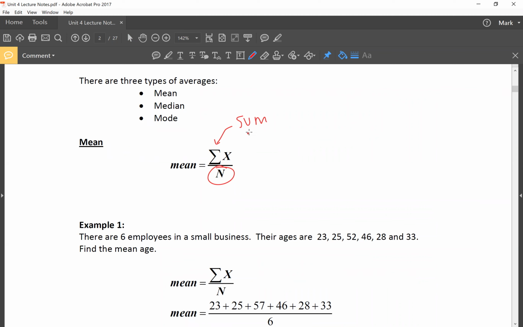So sum, by the way, means add. I'll just say sum of data, and then the number of numbers.